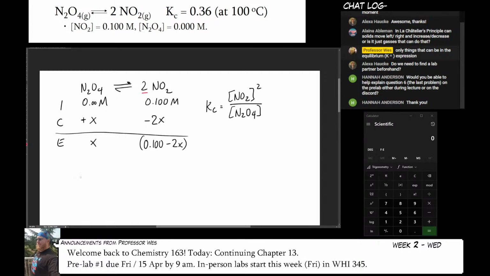Now I'm going to write the equilibrium expression for Kc. So Kc is equal to NO2 squared. So NO2 is this one. Divided by whatever N2O4 is, and that would just be this.